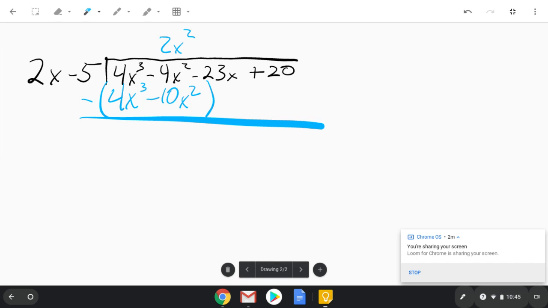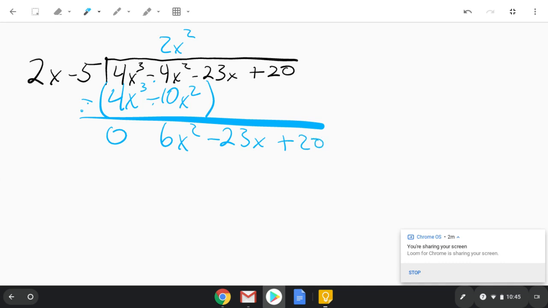So 4x cubed minus 4x cubed is 0. Negative 4x squared minus negative 10x squared. Well, remember that changes to addition. So negative 4x squared plus 10x squared gives us 6x squared minus 23x plus 20.